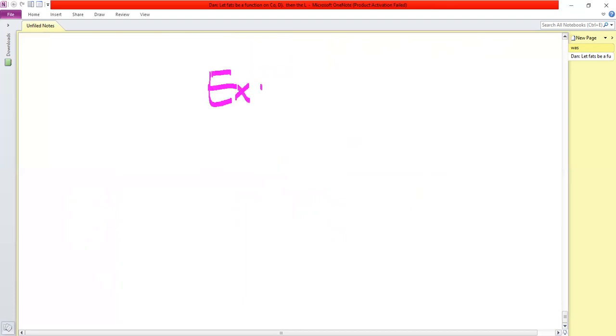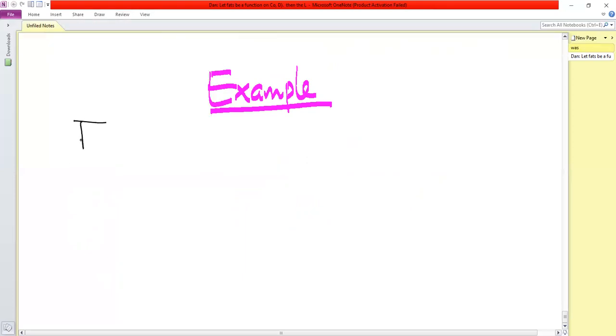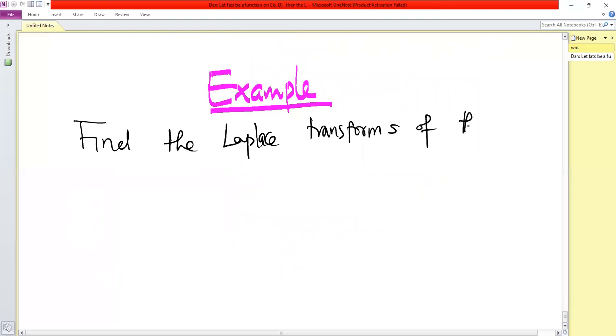Example: find the Laplace transform of the following functions.